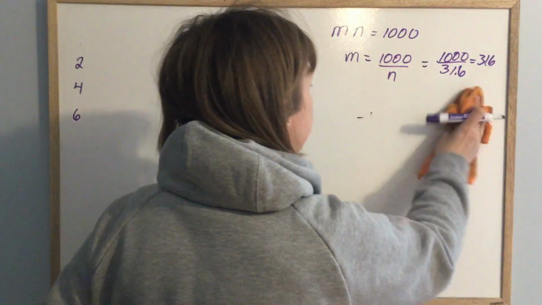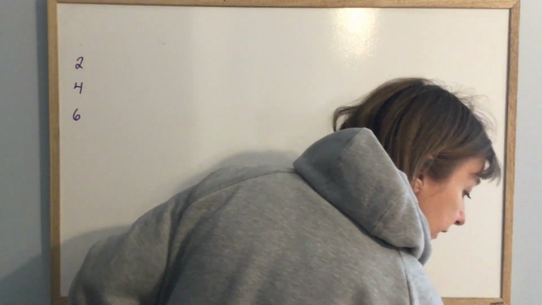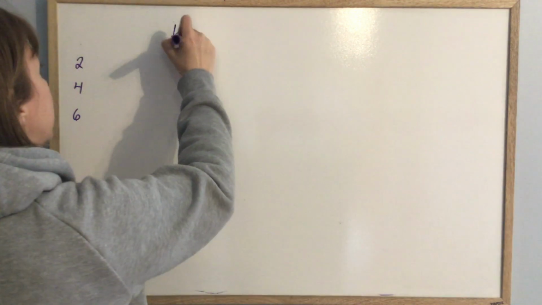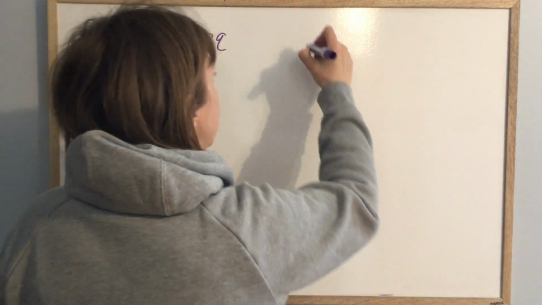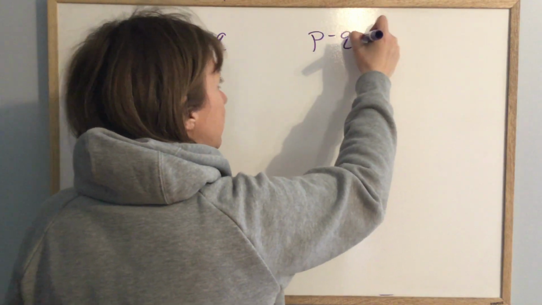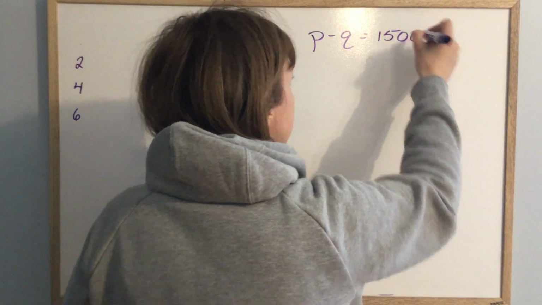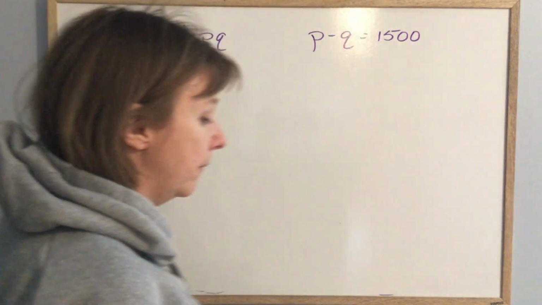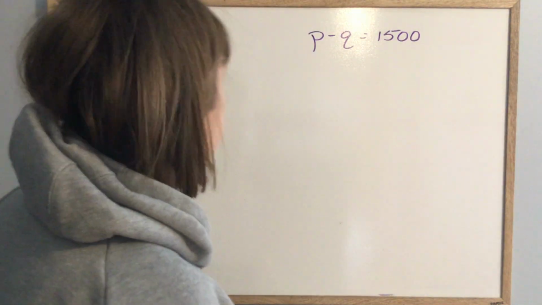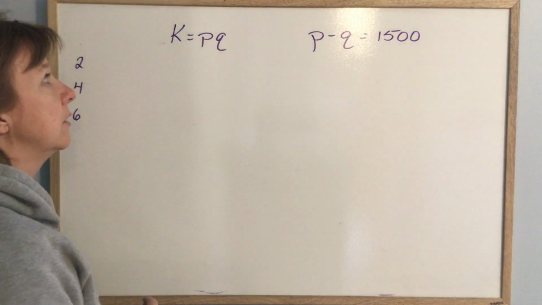It's harder to erase purple. Number 2 says if K is equal to PQ and P minus Q is 1,500, find the value of P that makes K a minimum. So K is a minimum, so that's what I'm going to be finding the derivative of.